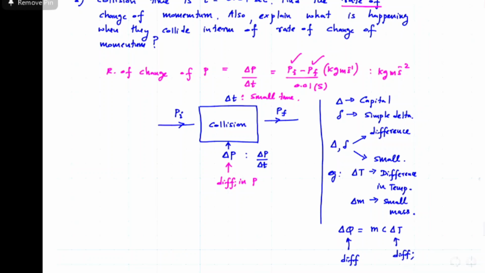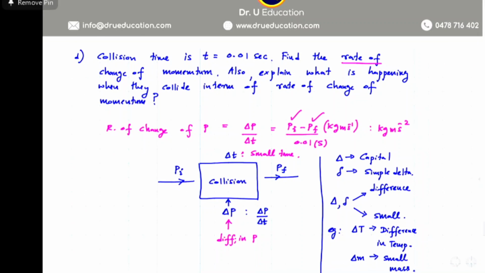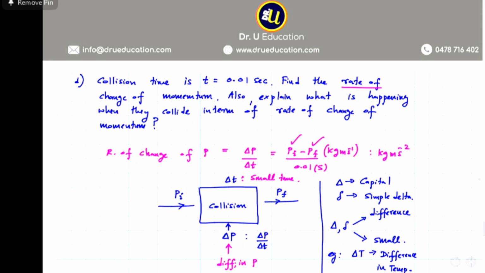So this time is very small, and you can see that from the question as well. T is equal to 0.01. Essentially, this is nothing but your delta t. Easy? Yeah, easy.